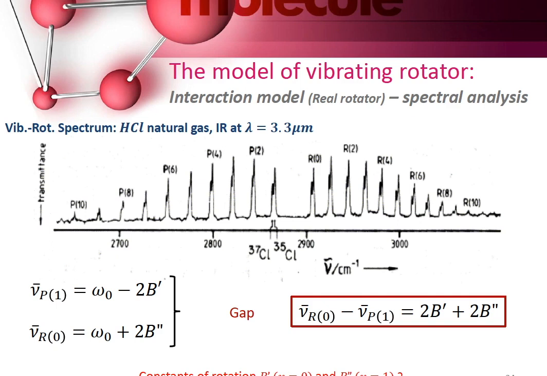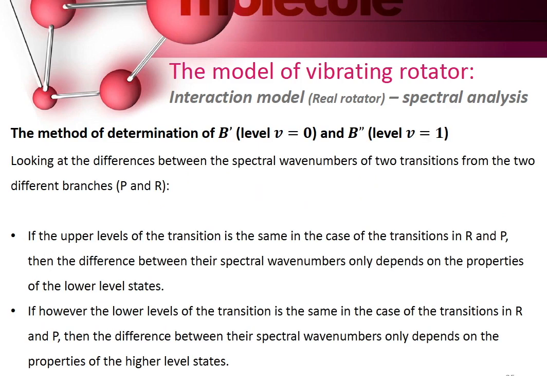Now the question is, if we do have b prime and b second, if the spectral terms are different for different levels of vibrational energy, how can we get them? Well, the procedure is easy to say, but it needs to be seen and represented in a neat way.